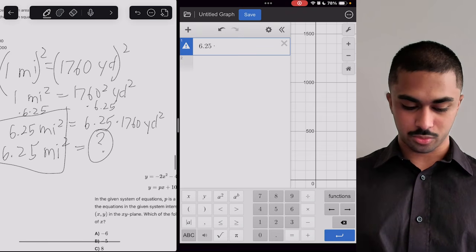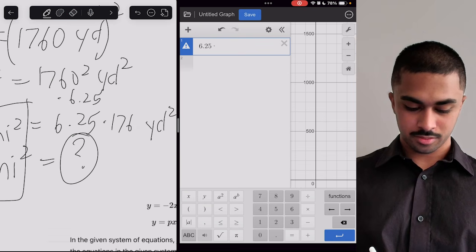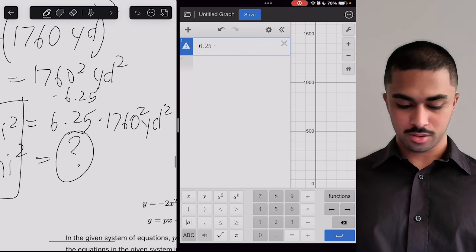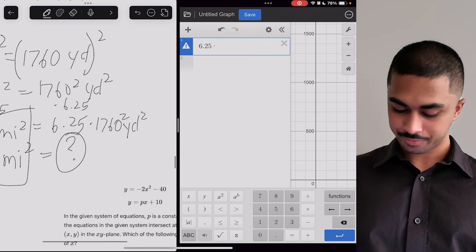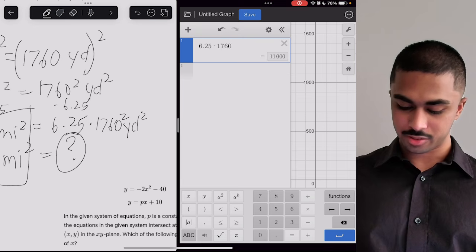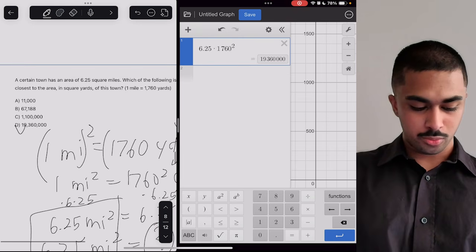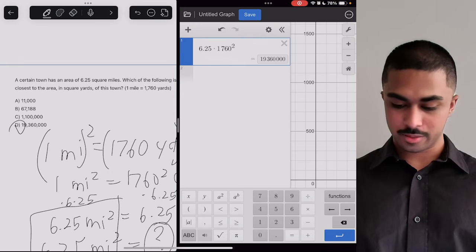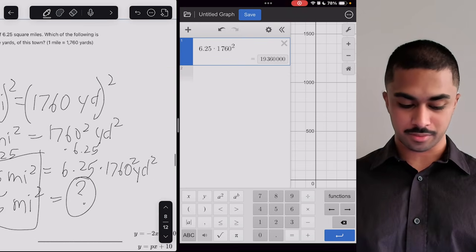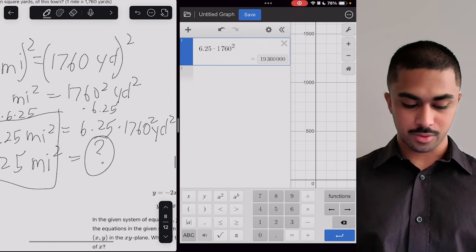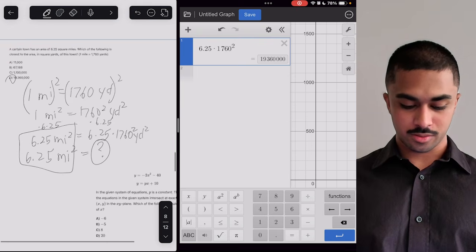Oh, did I drop a squared? What am I doing? Okay, there we go. There should be a squared there. 1760 squared. And we notice that that's D. It's a very big number, but it's correct. Okay, let's move on.